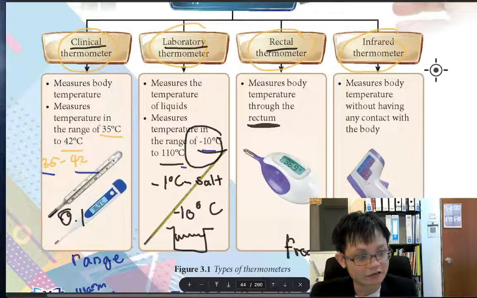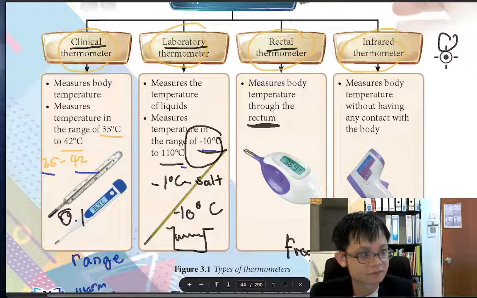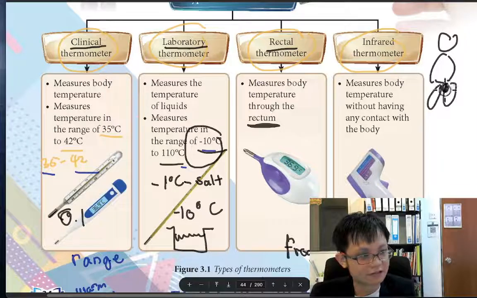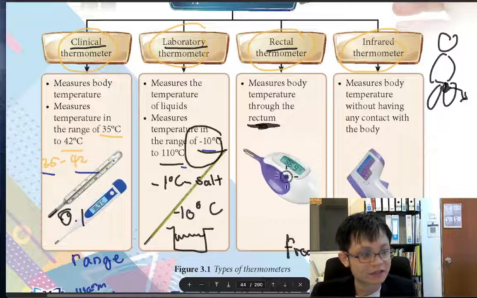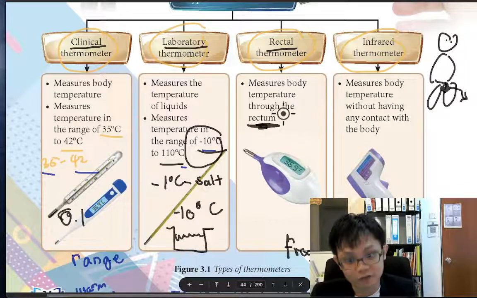So this is the human, and this is the place where the poop comes out. So this is called the rectum, and this thermometer is put in the rectum to get the person's temperature. So usually we use this for the baby lah.